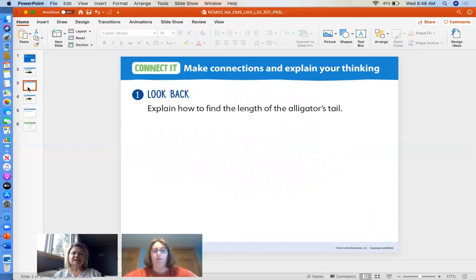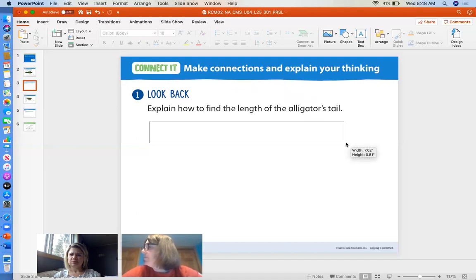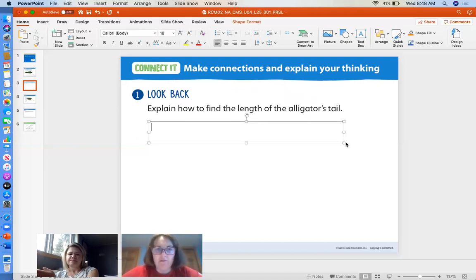Okay. So let's take a look back. We're going to use some words to explain what we did. So how did we find the length of the alligator's tail? Well, we started with how many inches shorter, right?